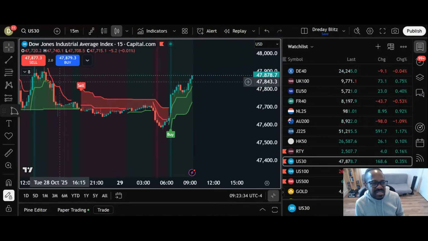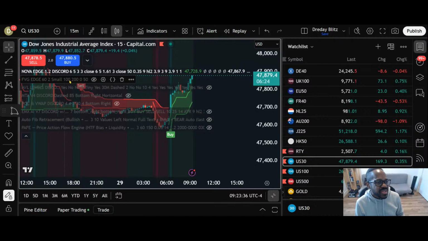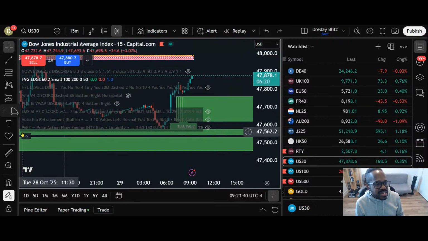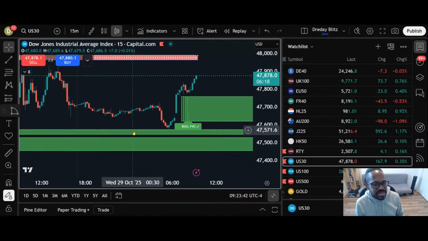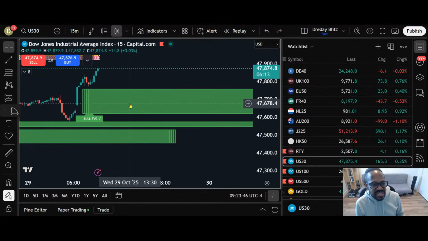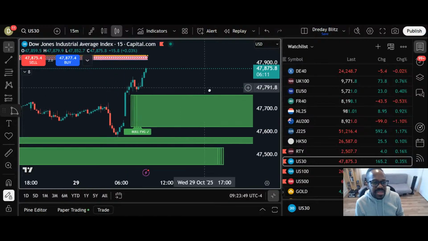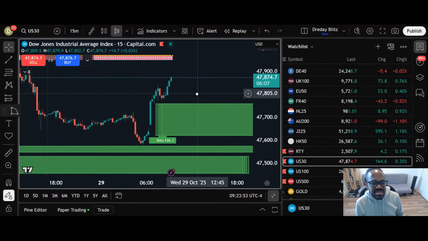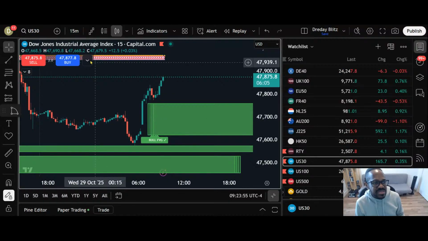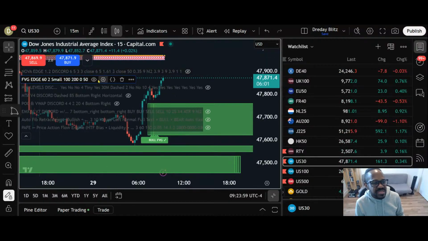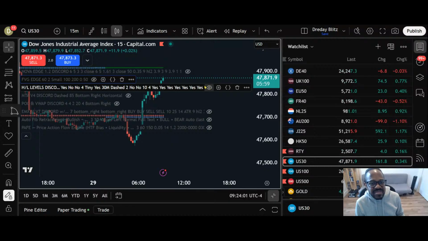And then we have fair value gap. I'm just going to click close that. FVG Edge will just give you the fair value gaps in the market, off of the 1 hour currently. Right now we have a fair value gap that is created off of that move. That's good. And then we have High-Low Level.